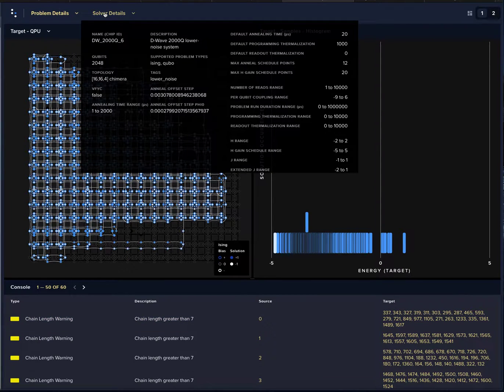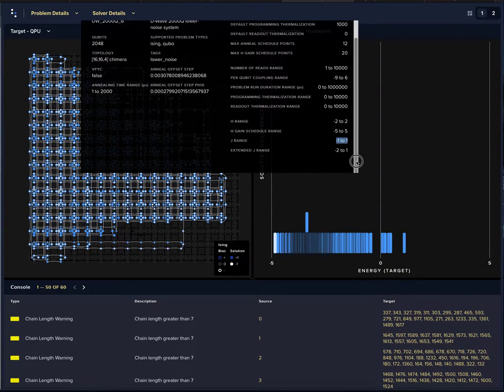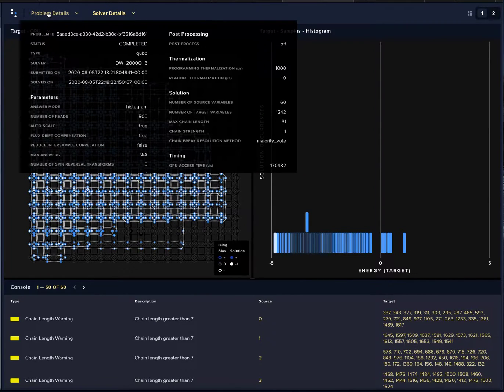Now those have to be between 1 and -1, which kind of makes sense. It's covariance. But you can extend the range. So if you allow D-Wave, you can extend the linear terms. You could say, look, handle from 5 to -5. And for my covariance, handle from -2 to 1. Okay, good to know. Now let's look at the problem we sent it.